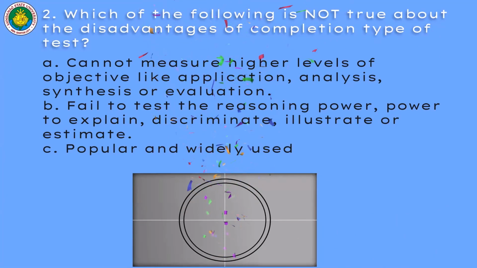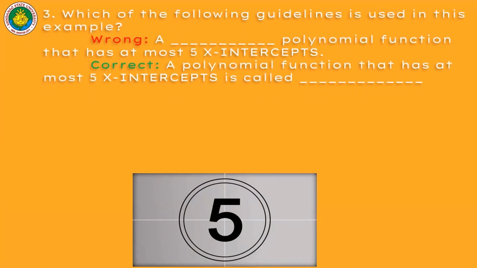Time's up. The number 3 question is, which of the following guidelines is used in this example? The wrong example is a blank polynomial function that has at most 5 x-intercepts. The correct example is a polynomial function that has at most 5 x-intercepts is called blank.